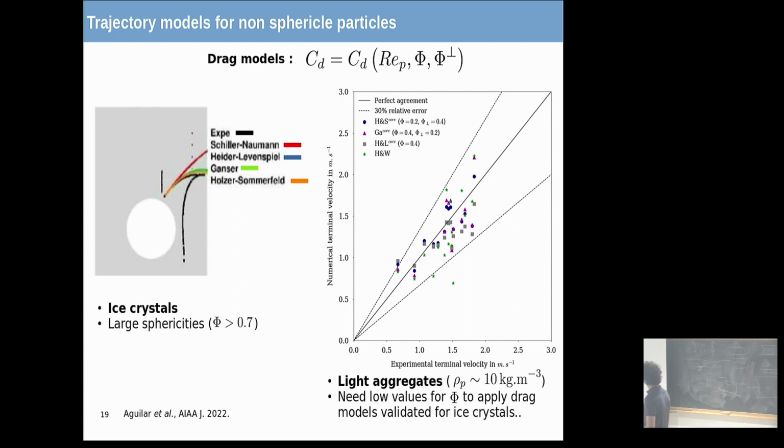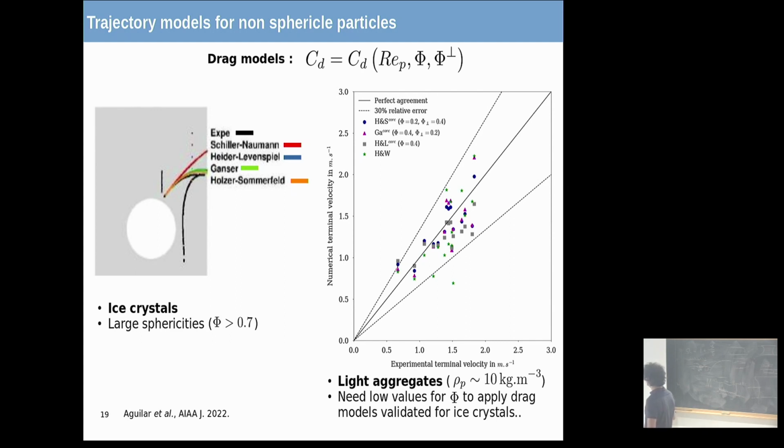Here is the numerical terminal velocity versus the experimental one. And we say that the error bar, I would say, is around 30%. That may be quite large, but believe me, that's not that bad for this kind of particles.